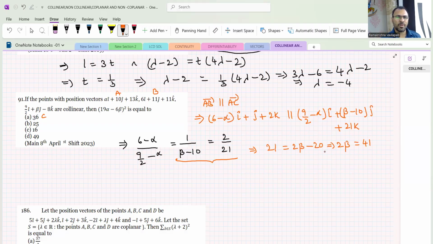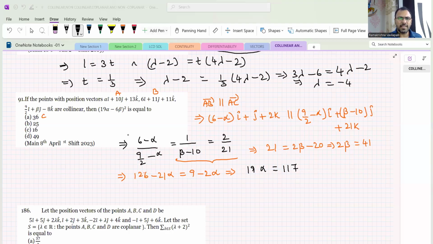Now equating first and last, do the cross multiplication. I have done here.